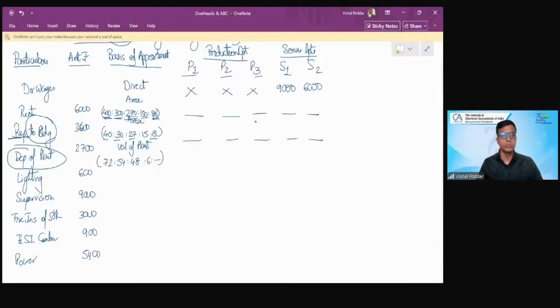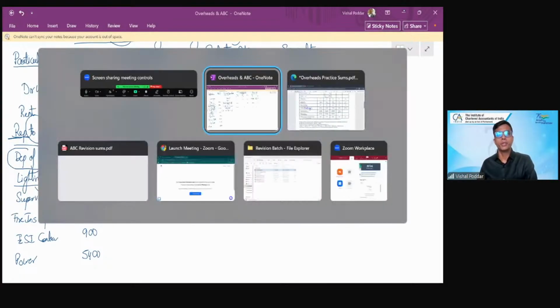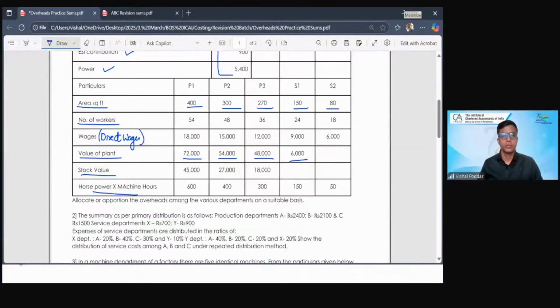Now, for lighting. Students, in this particular point, you will be having different possibilities or options. For lighting, generally the most appropriate base is light points. But in this question, light points is not given. Since light points is not given, you have to go for the optional base, and the second most appropriate base is area again. Why area?